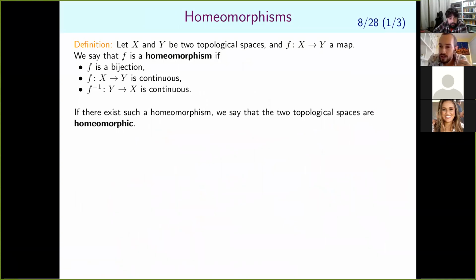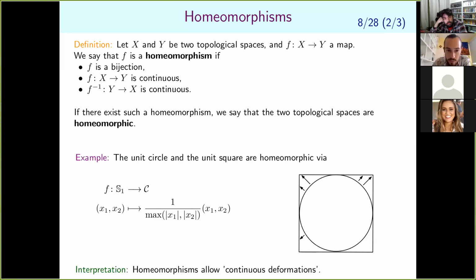So I first define what a homeomorphism is. Say I have two topological spaces, X and Y. A homeomorphism between them is simply a map F that is bijective, continuous, and with continuous inverse. If there exists such a homeomorphism between two topological spaces, we say that they are homeomorphic.